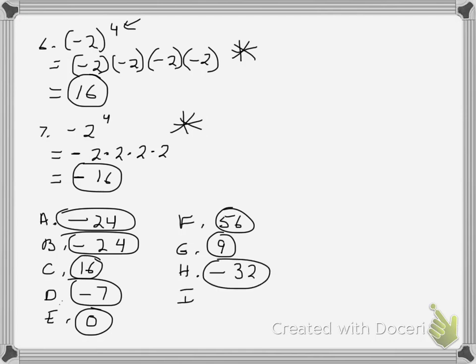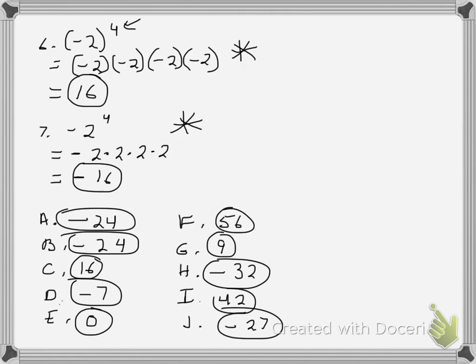I says, positive times positive, my answer is positive, and 6 times 7 is 42. And J says, positive times negative, my answer is negative, and 1 times 27 is 27. And now you see why I say that multiplying signed numbers is much easier than addition and subtraction.